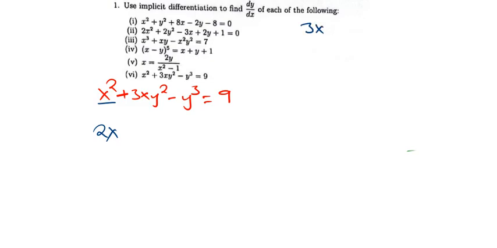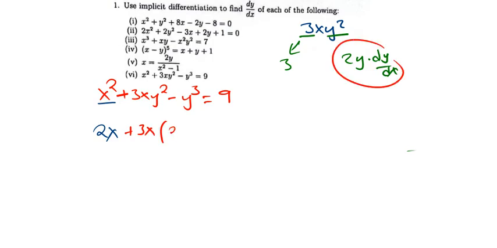So 3xy squared, I can divide that in two parts, 3x and y squared. Derivative of 3x is a 3. Derivative of y squared is 2y dy/dx. So I'll start with 3x, multiplied by the derivative of the other part, which is 2y dy/dx.